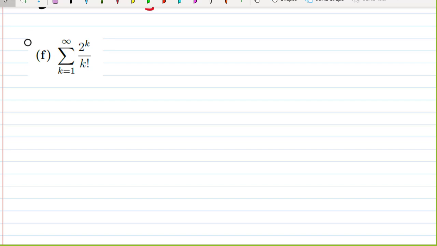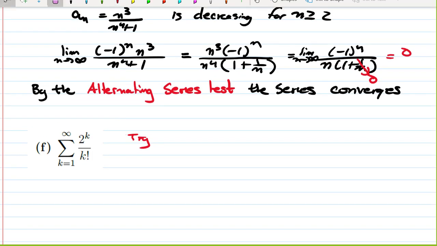Since we have a factorial and an exponential, this one really says try the ratio test. And the ratio test is a very powerful test. If you're not sure what to do and you just need to pick a random test to get started, the ratio test is always a good first pick if you don't know what to do.